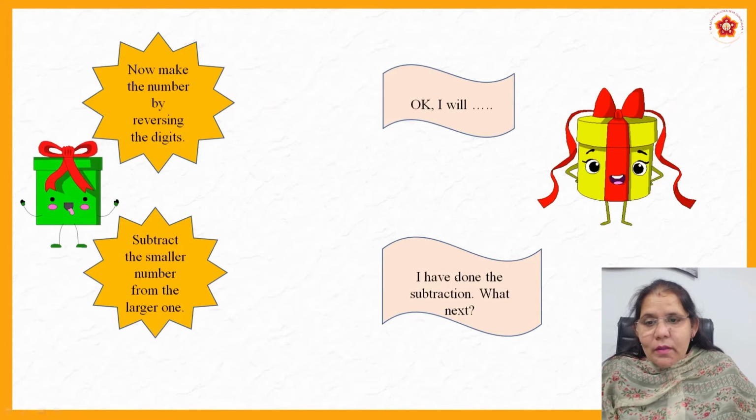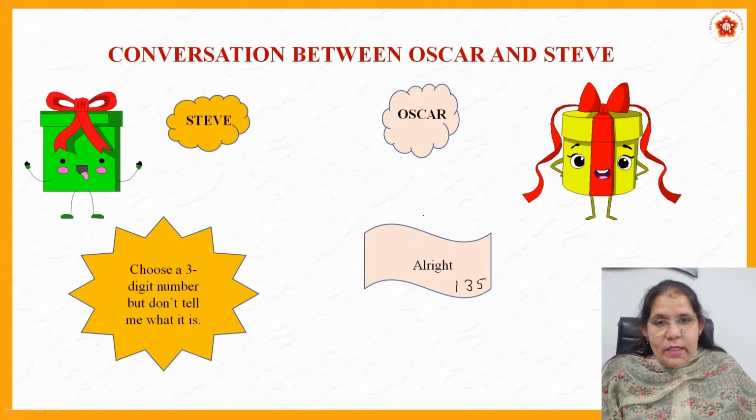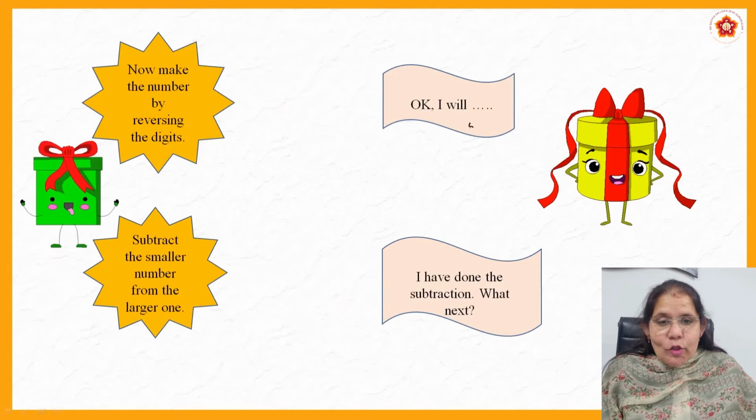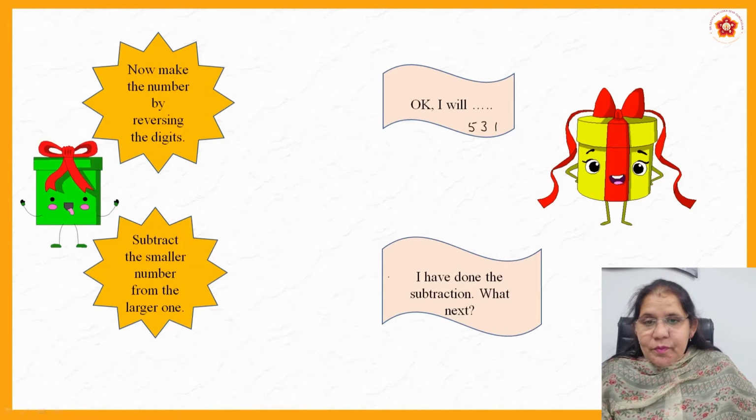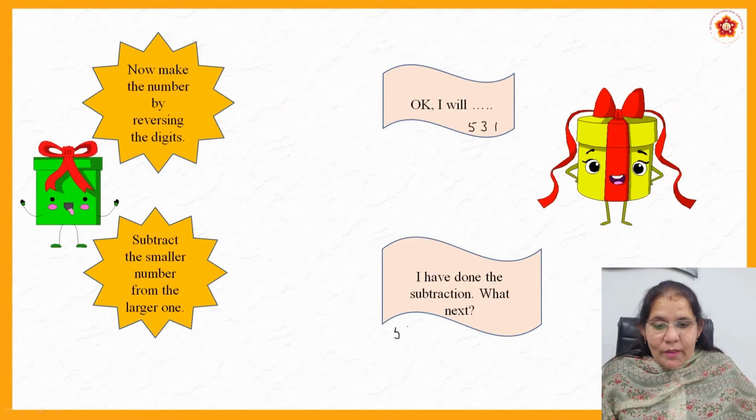Now make the number by reversing the digits. This was the instruction given by Steve. Oscar said, all right. She had chosen the number 135, so the reverse number becomes 531. Then Steve said, subtract the smaller number from the larger one.